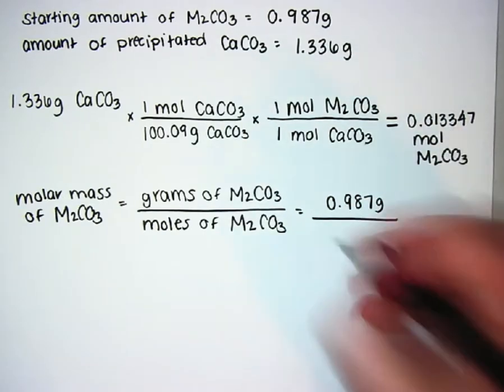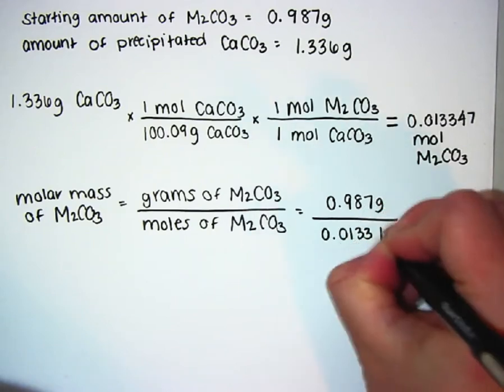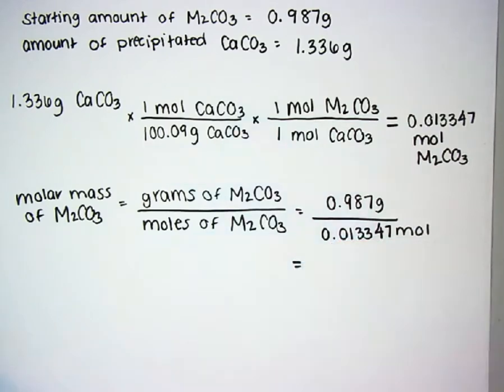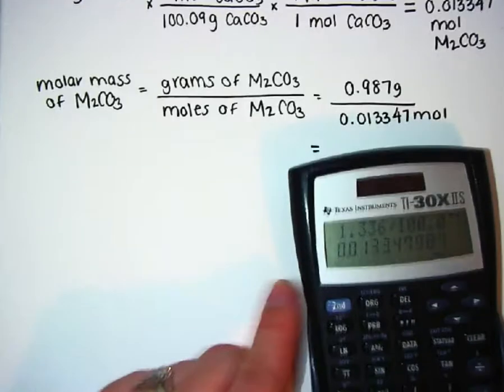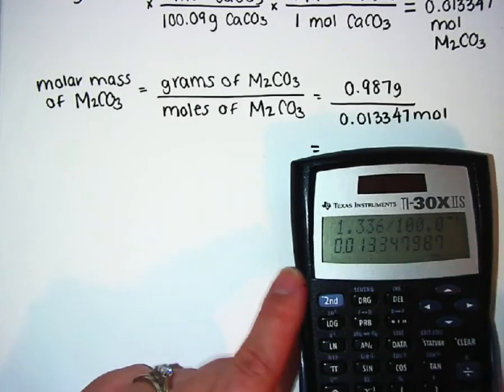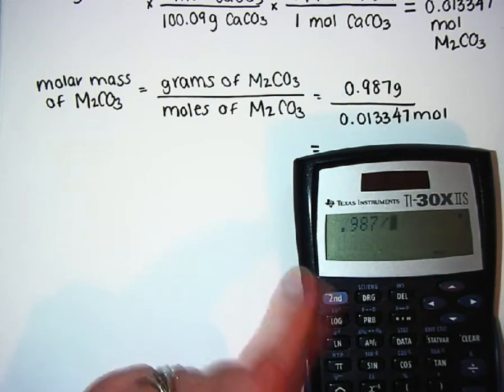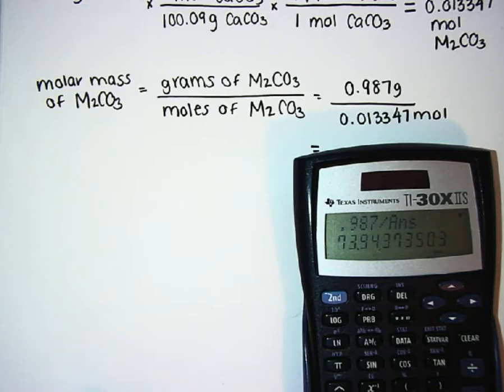We just solved for the number of moles. And when we solve, that will give us the molar mass. So the easiest way to do that without rounding this number is you're not going to clear your calculator. Just type in 0.987 divided by the answer. That will divide it by the previous answer. And this would be what I get.